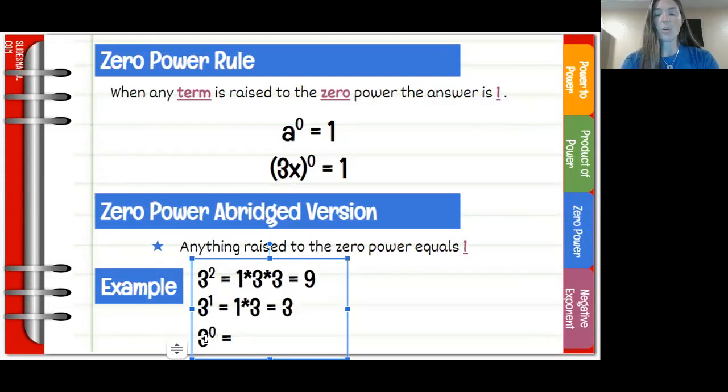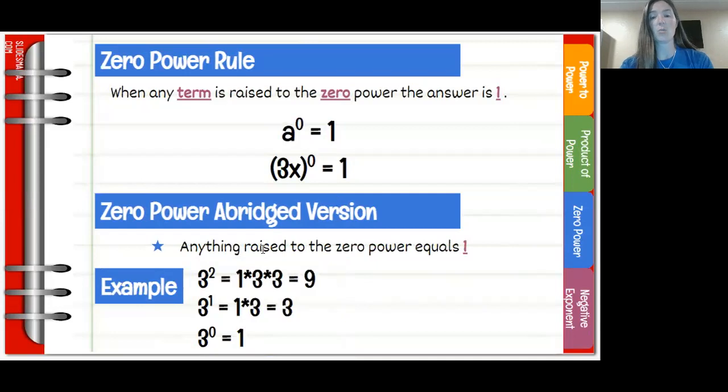So if I'm looking at 3 to the zero power, that essentially means I'm taking 1 and multiplying it times nothing. There are zero 3s, so really I just have 1. And that's why anything to the zero power is equal to 1, okay? If we ask for the expanded version, this is what the expectation would be.